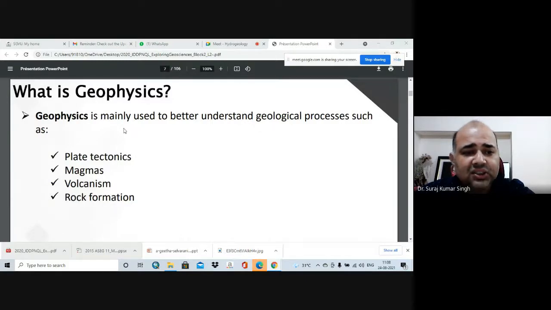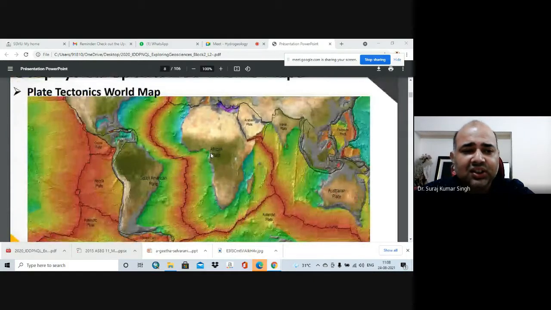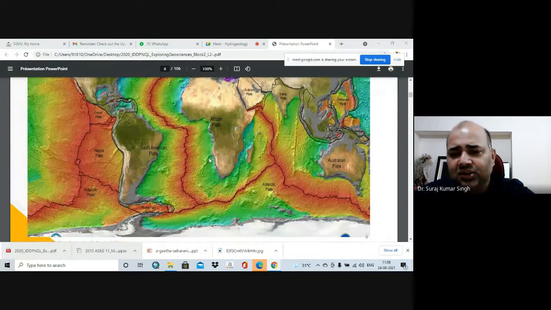Geophysics is mainly used to understand various geophysical properties such as plate tectonics, magmas, volcanoes, and rock formations. These are the various plates on which the earth is moving, whether you talk about Australian plates, Philippine plates, Indian plates, Arabian plates, or African plates.